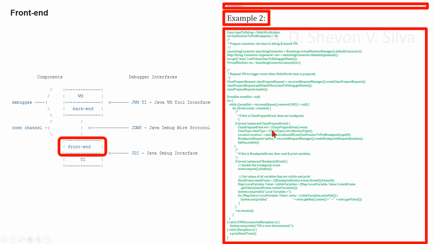As example 2, we can consider this code segment. Here, prepare the connector, set the class to debug, and launch the VM.